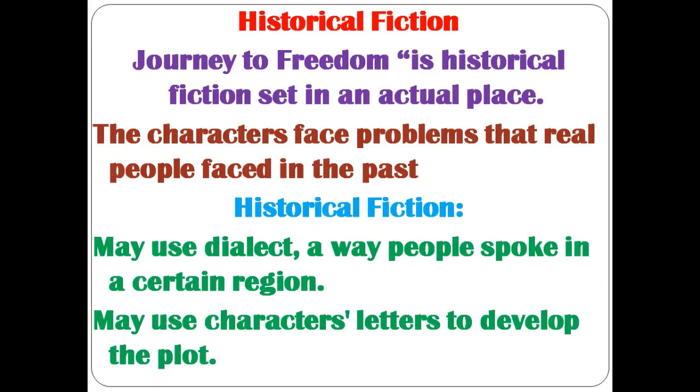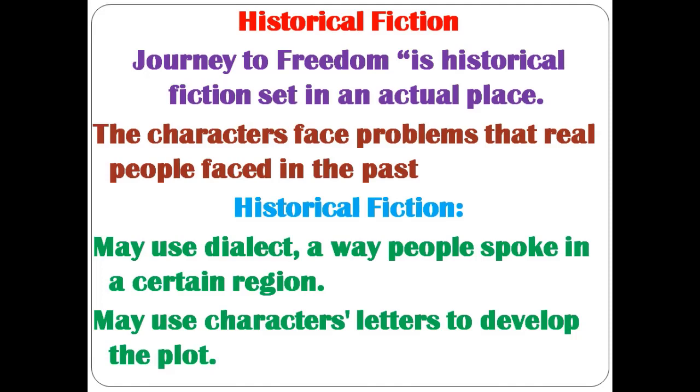So this is a historical fiction, and Journey to Freedom is a historical fiction set in an actual place, in the real place. And the real place was in America in 1851, when there was still slavery and the people wanted to escape from slavery.